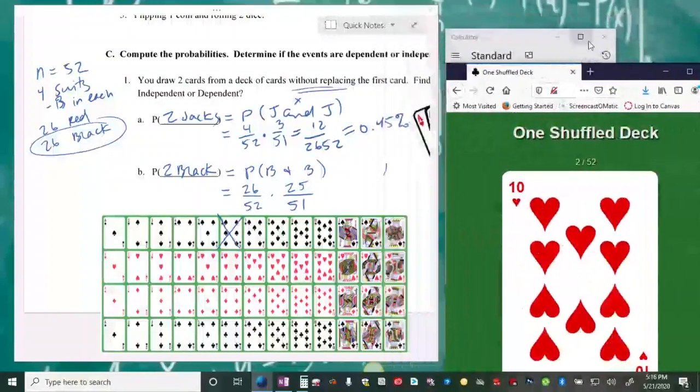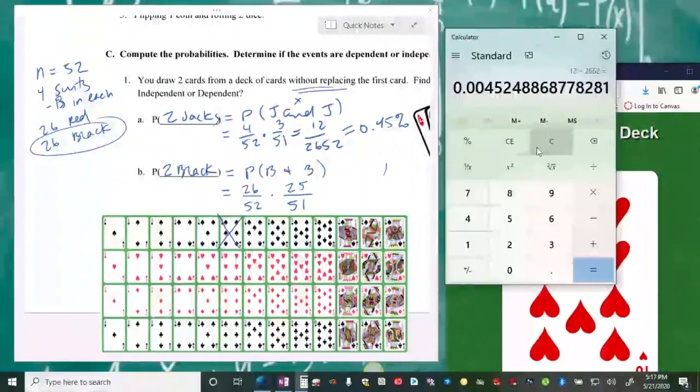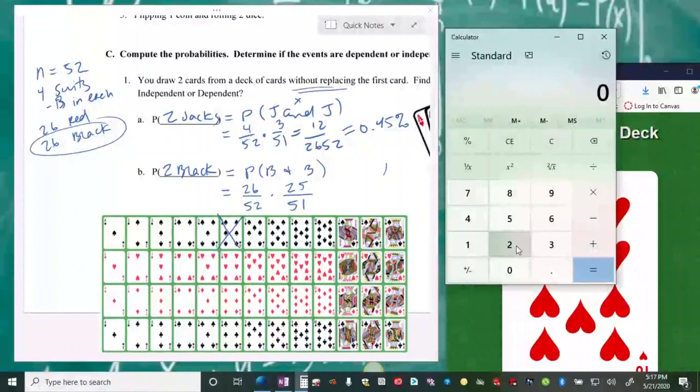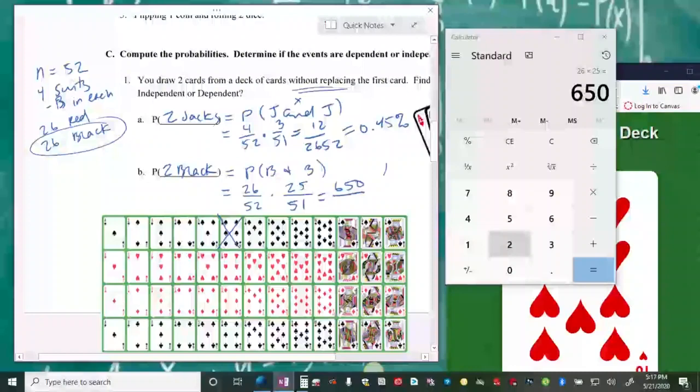Let's go ahead and grab the calculator. There it is. So we'll go ahead and do our calculation here. I want to do 26 times 25 for that numerator, and I get 650. And I have the same denominator, that 52 times 51, 2652. So I'll go ahead and do 650 divided by 2652.